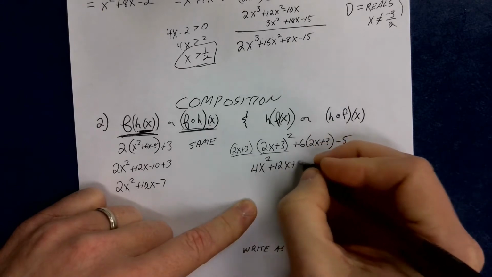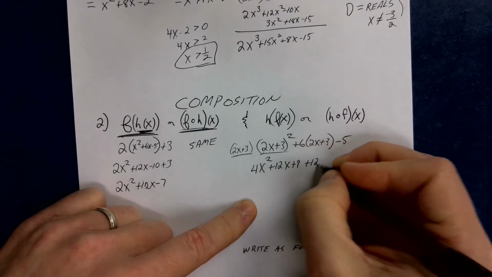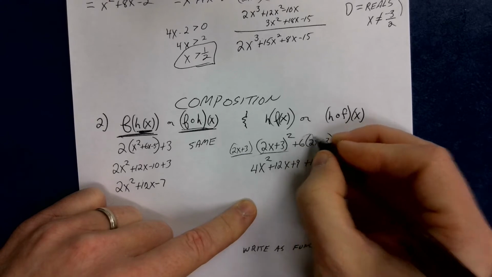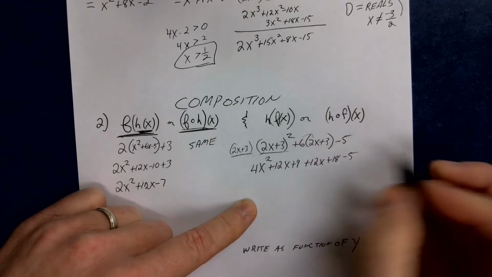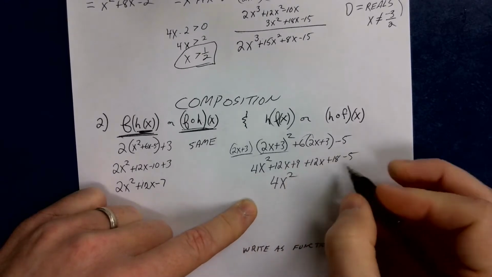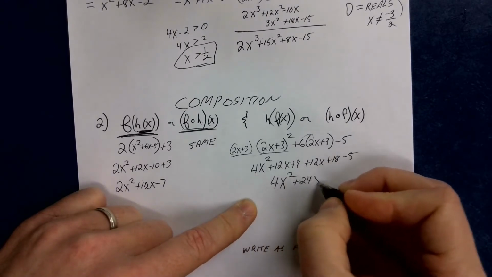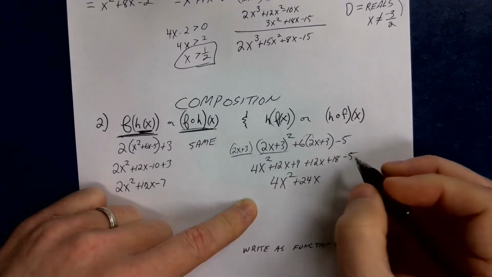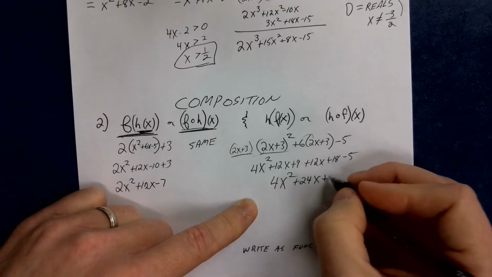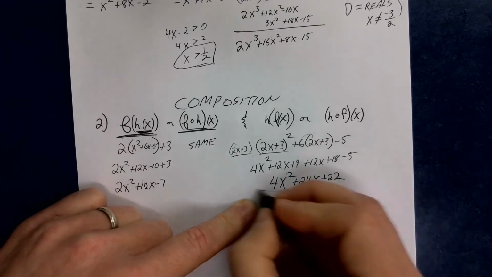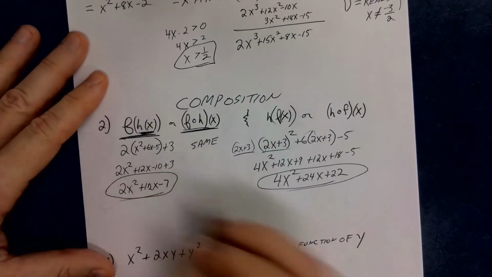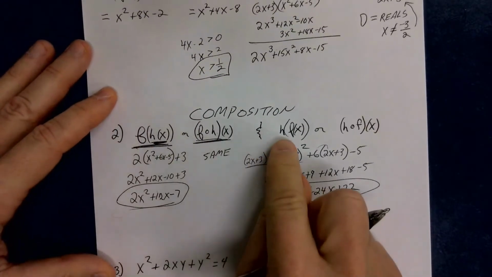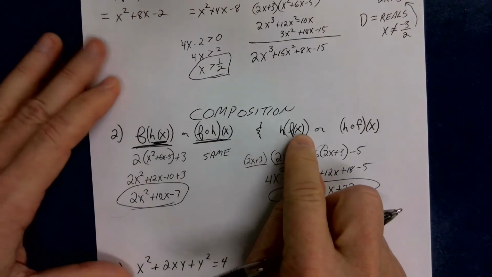And then I got plus 9, plus 12x is 6 times this 2, plus 18 minus 5. 4x squared plus 24x plus 9 plus 18 is 27 minus 5 is plus 22. And that's what that one looks like. Good deal? So f of h of x does not necessarily equal h of f of x.